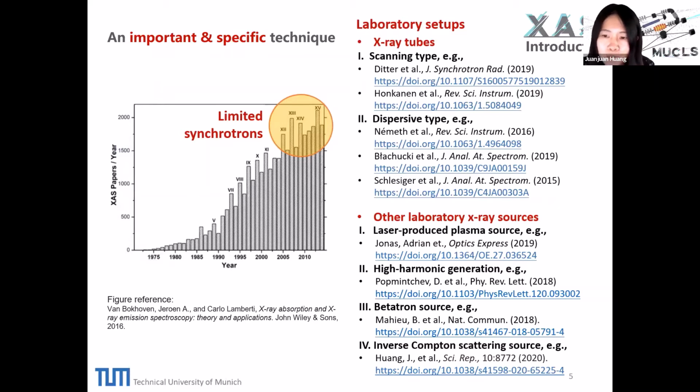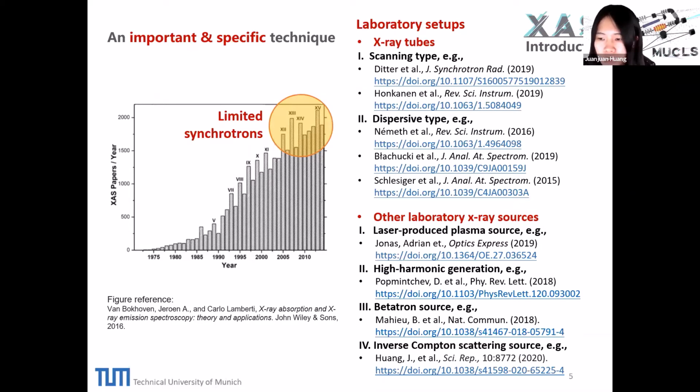That's why there have been a lot of efforts developing laboratory setups, such as the ones with X-ray tubes. For example, this one is from Jerry's group at Washington University, and he also gave a talk in this XAS Journal Club. And these four are European groups, and there is also much other very good work that has been done, but I'm sorry, I cannot include all the papers here. For other laboratory sources, there are, for example, laser-produced plasma sources, high harmonic generation sources, and others.